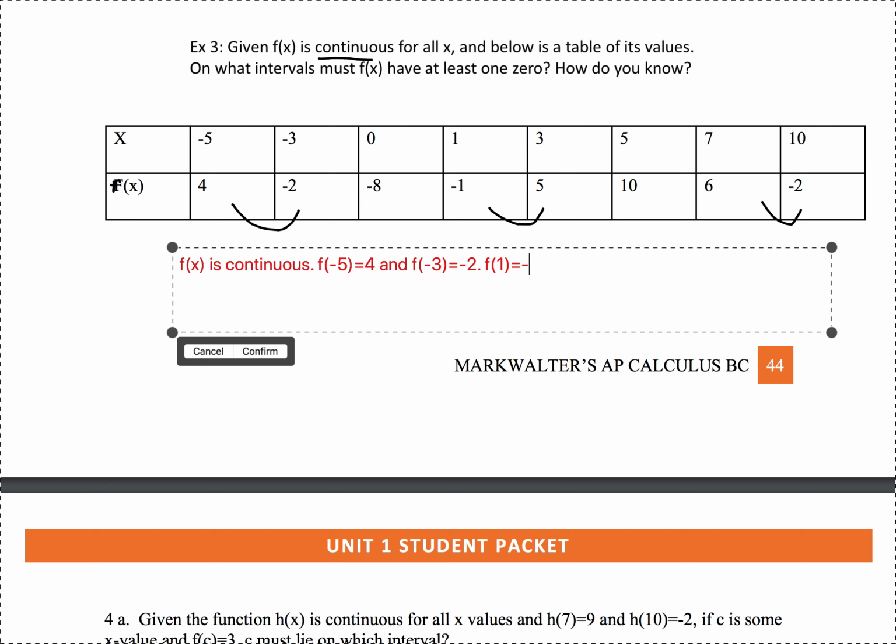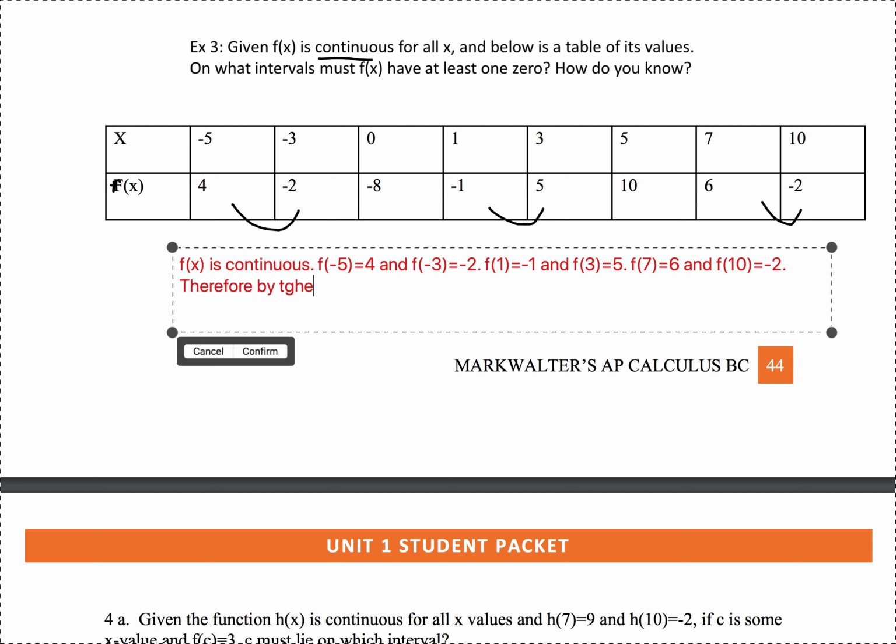And we go ahead and state the next interval. F of 1 equals -1, and f of 3 equals 5. F of 7 equals 6, and f of 10 equals -2.